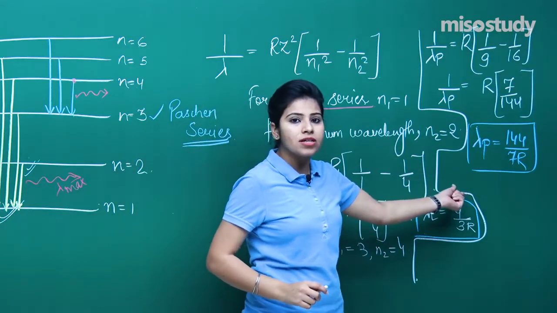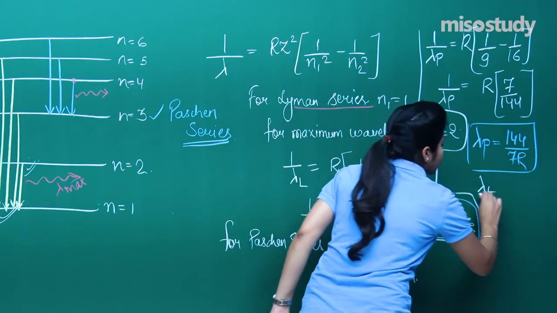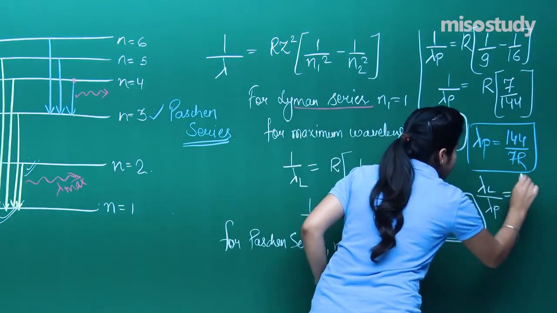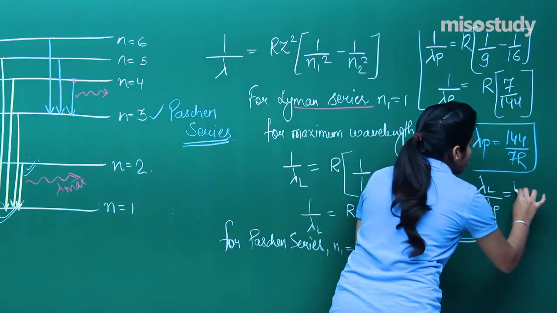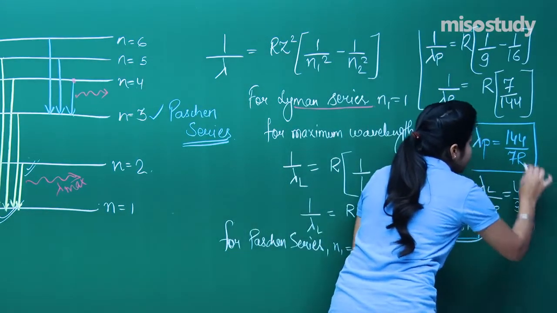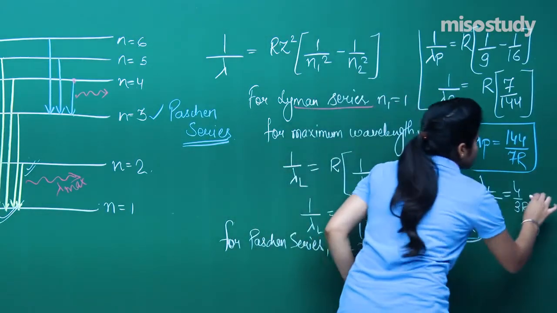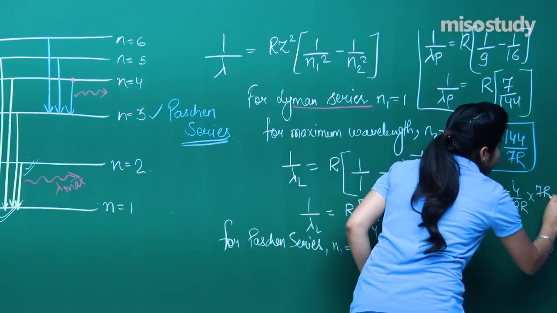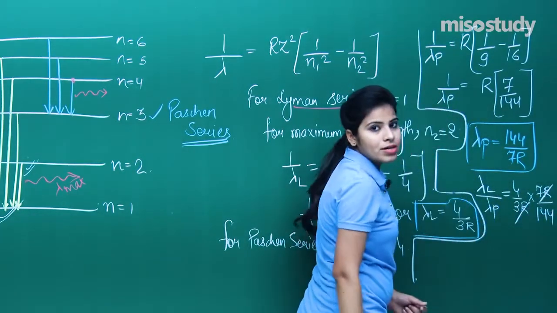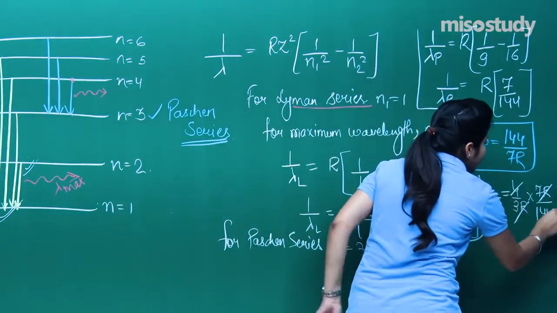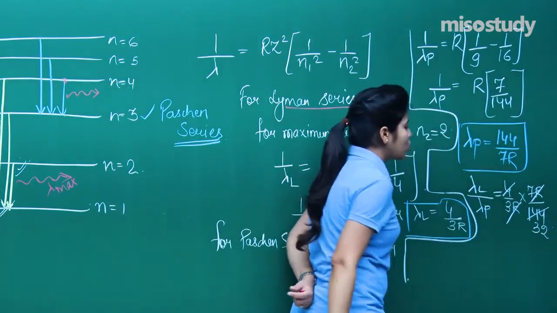So we can just find out the ratio by putting that lambda L by lambda P. So lambda L by lambda P would be equals to 4 by 3R divided by 144 by 7R. So that will be 7R divided by 144. R cancelled and this will be multiplied by 4 by 3.